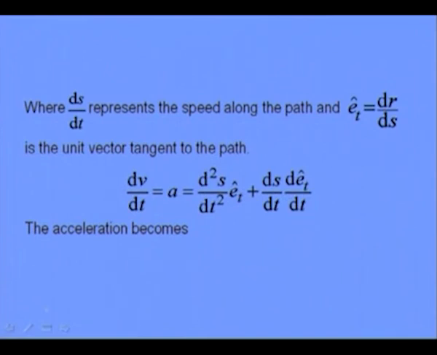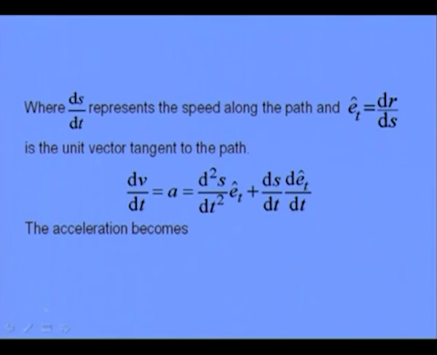It is a scalar quantity, where s is the distance travelled by the particle. So, ds by dt is the speed, and et is tangential to the path. Therefore, et is given by dr by ds, that is, the unit vector tangent to the path.